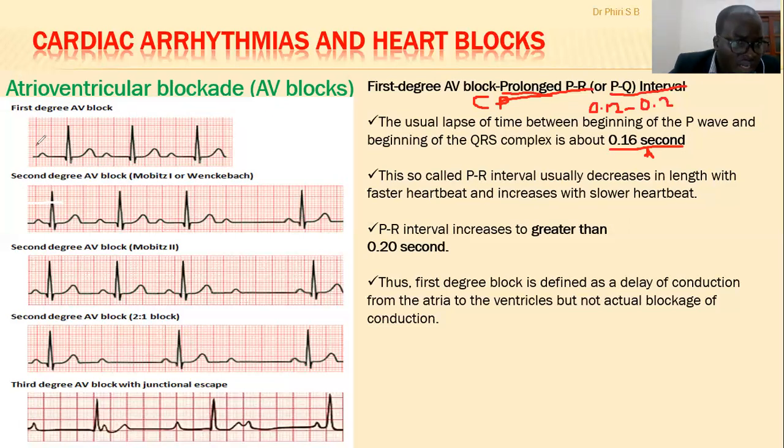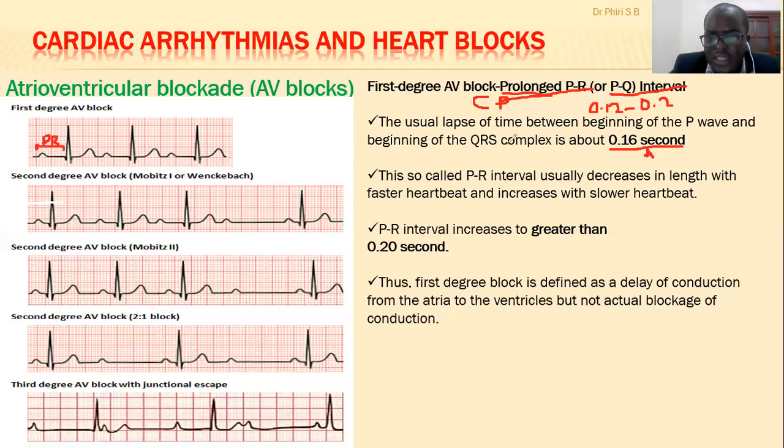In this diagram, you can see the beginning of the P wave, starting somewhere from here all the way to the beginning of the QRS complex. This is called the PR interval. You can see that this PR interval is elongated here.